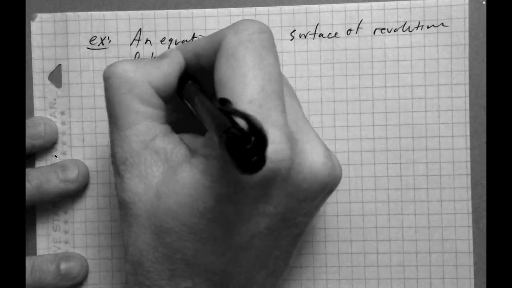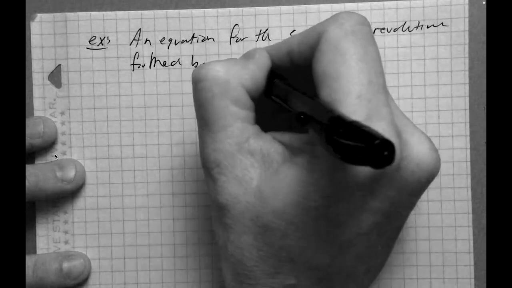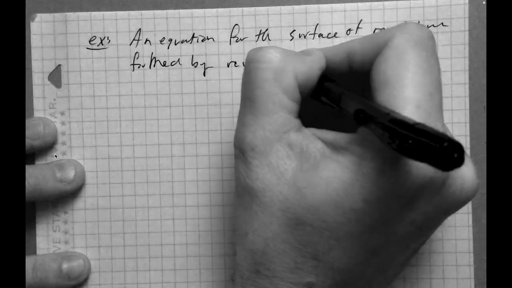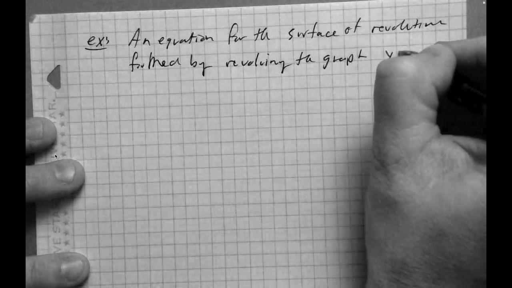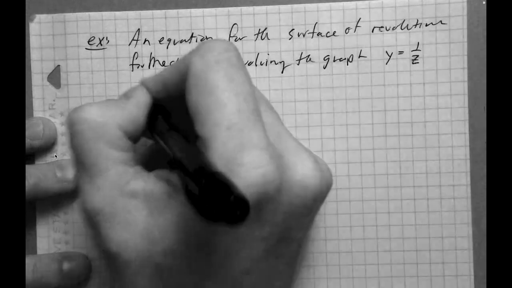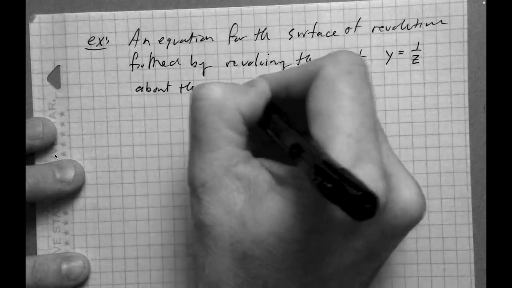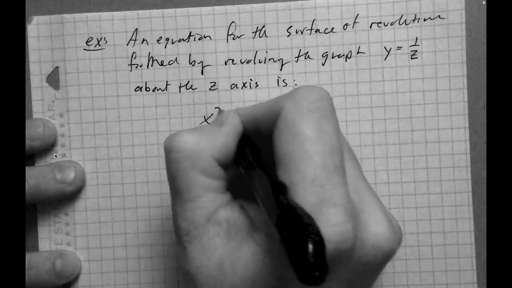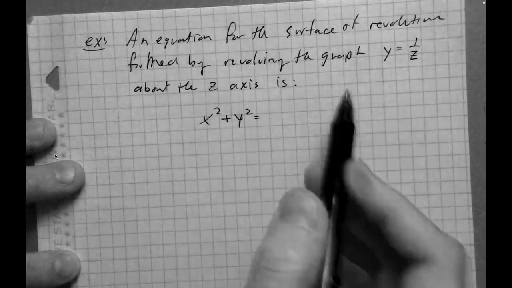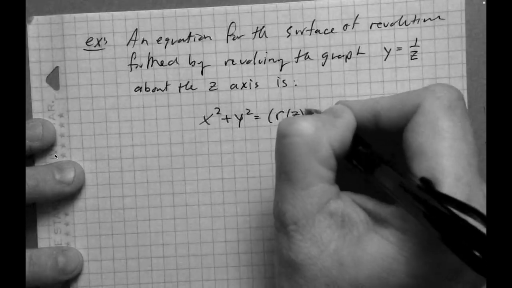formed by revolving the graph, which is y equals 1 over z, about the z-axis, is, well, let's write it out. It's going to be x squared plus y squared, because we're rotating about the z-axis, x squared plus y squared equals r of z squared.